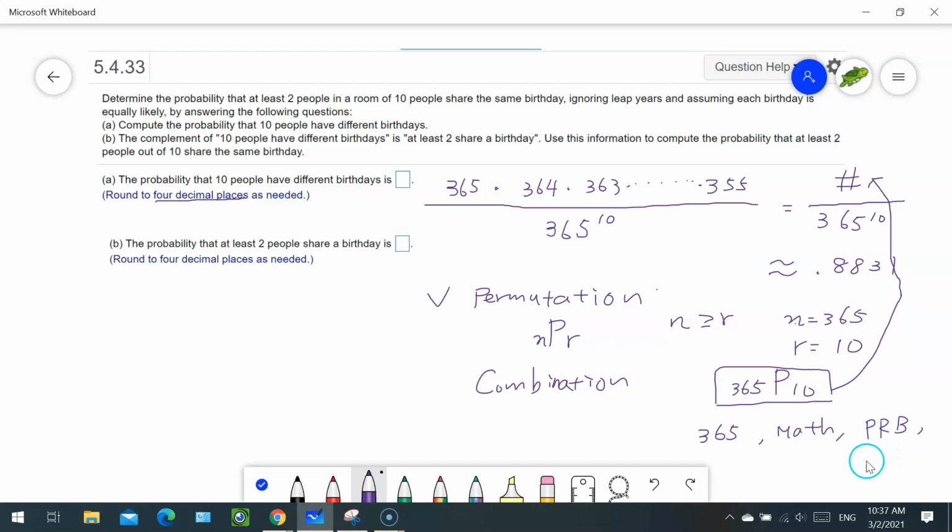Once you highlight the probability, you'll see the first option is rand, that's a random number, and number 2 would be your nPr. So you go down to highlight it and hit the enter key, and then you will see the main screen give you 365 nPr, and then you enter 10 on your main screen and hit the enter key one more time.